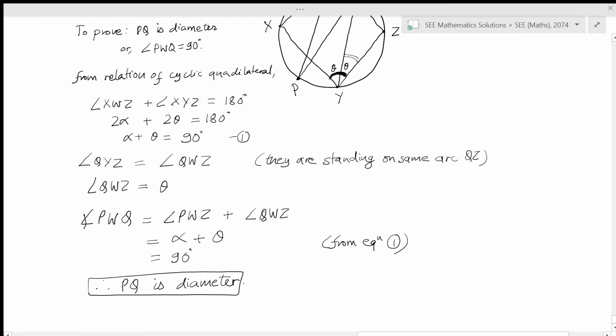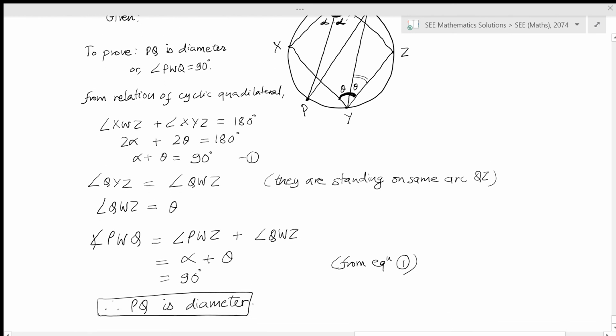We don't have to write statement reasons. If you want to write, you can, but you can simply write the reasons at the side, on the right hand side. At first we can simply write first step, second step, third step, calculation.